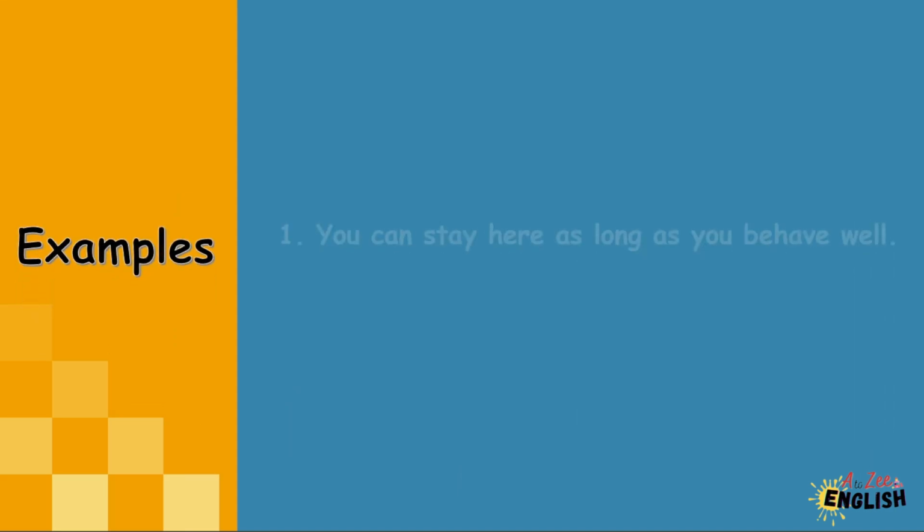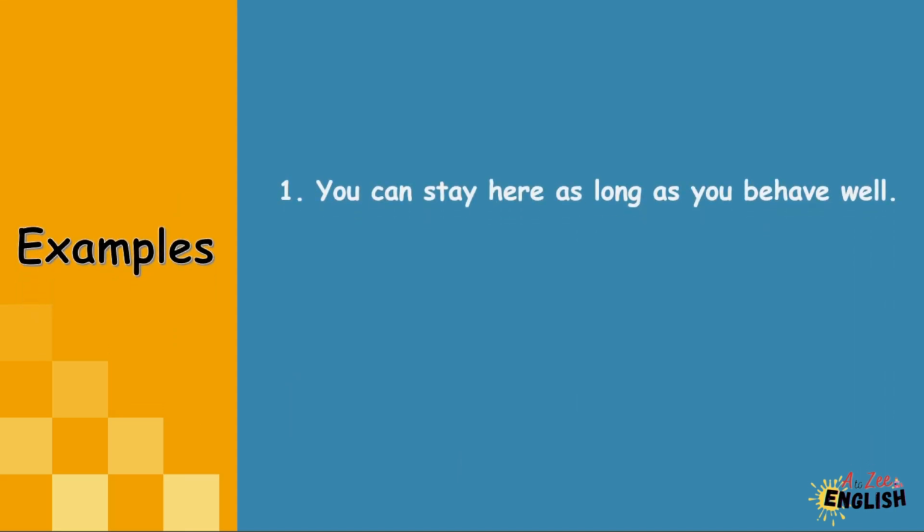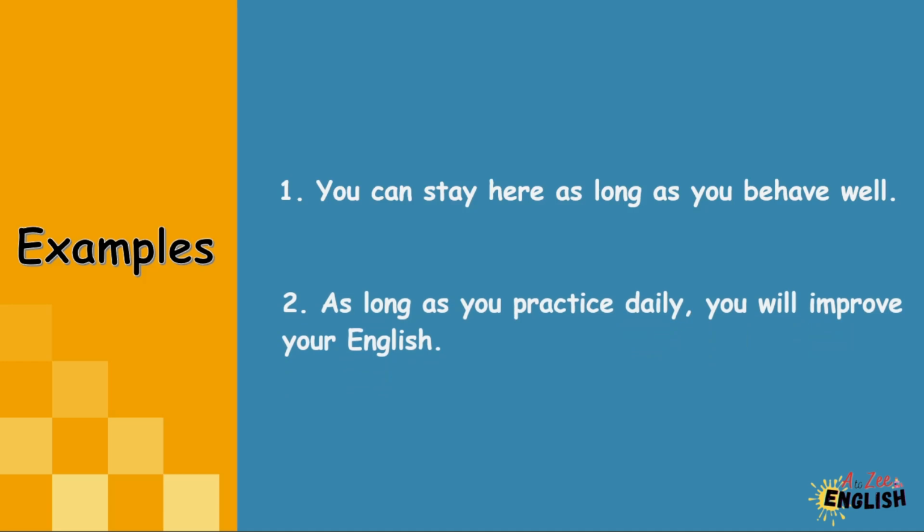Examples: you can stay here as long as you behave well. As long as you practice daily, you will improve your English. So it is often used in everyday conversation, and it expresses dependency of one action on another. It means the condition must be met for a result to happen.